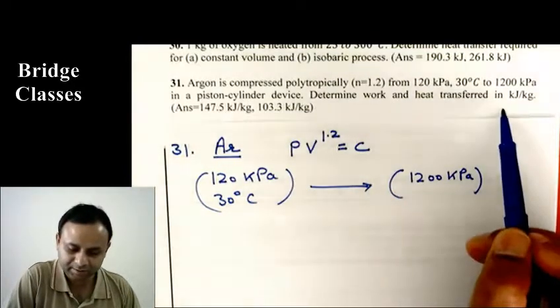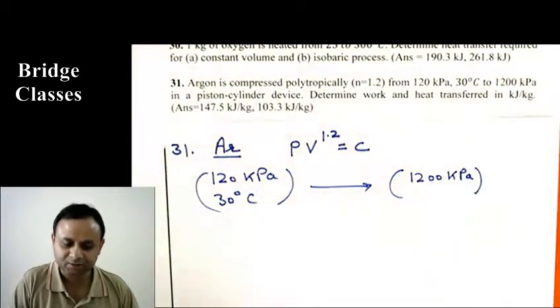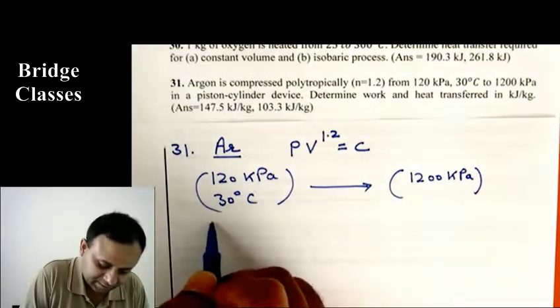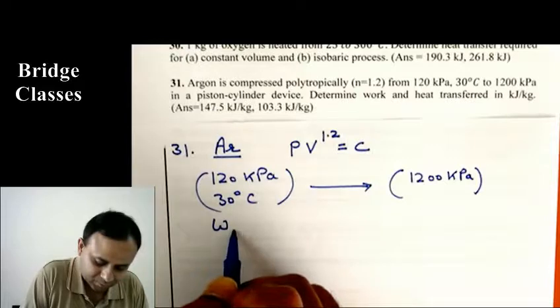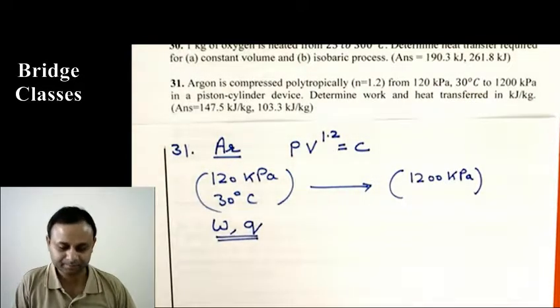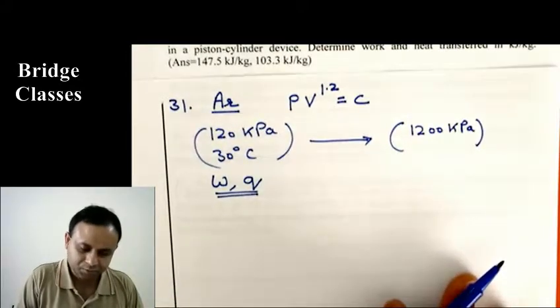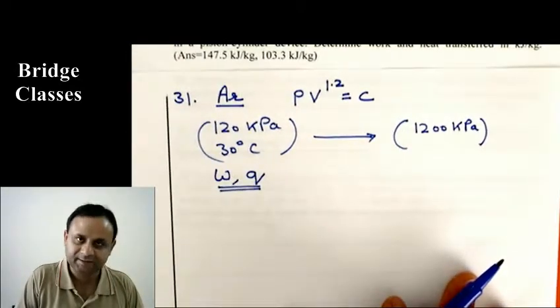Okay, so it does not give us the mass of argon. We have to determine the answer in kilojoule per kilogram. That means it is asking for lowercase w and lowercase q. Now work transfer, polytropic process, and it is an ideal gas.